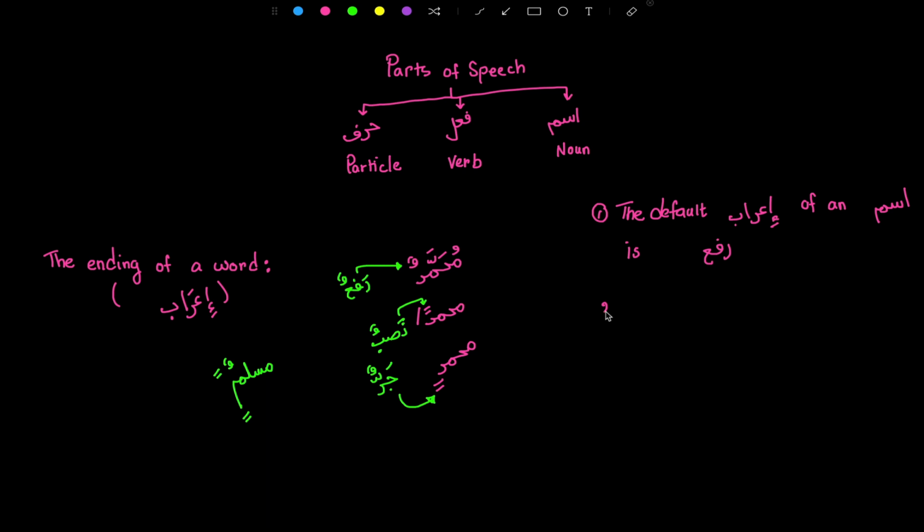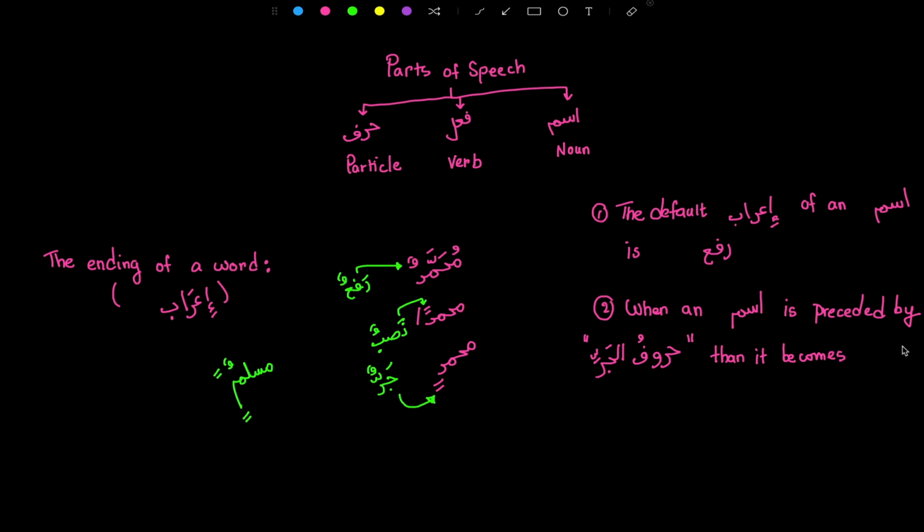And number two, when an ism is preceded by حروف الجر, then it becomes jarrun.